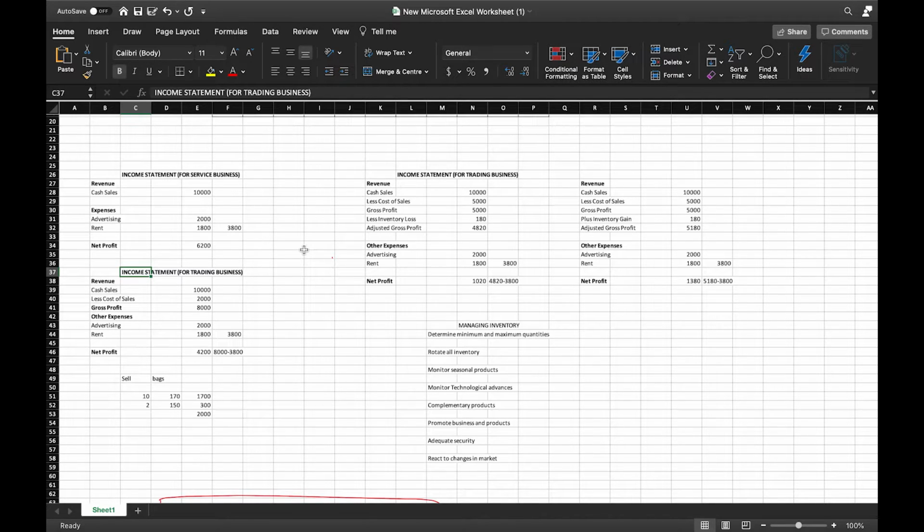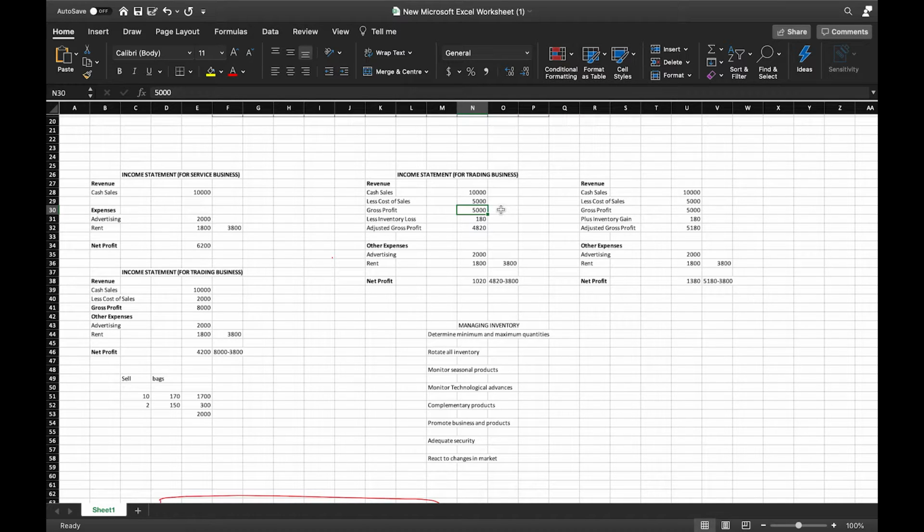Now, we have learned about inventory loss and inventory gain before, so we just report as usual. We have cash sales, less cost of sales, and we have gross profit. If we have a loss in inventory, we minus that inventory loss from the gross profit, and then we have the adjusted gross profit. Here we have a gross profit of $5,000.